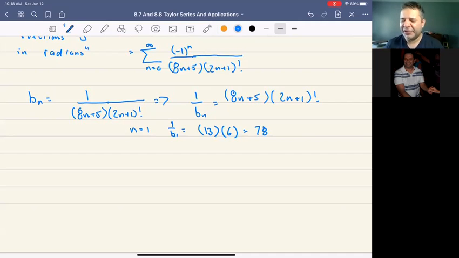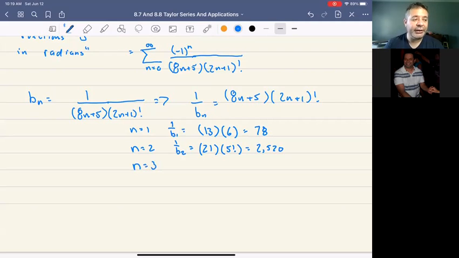That's not bigger than 10,000. Let's do n equals 2. That's going to be 21 times 5 factorial, which is 2,520. Oh wow, we're getting close.